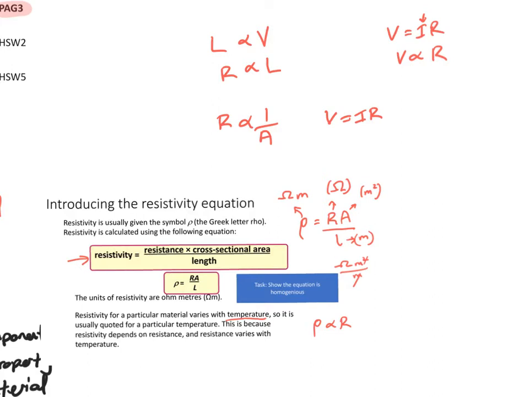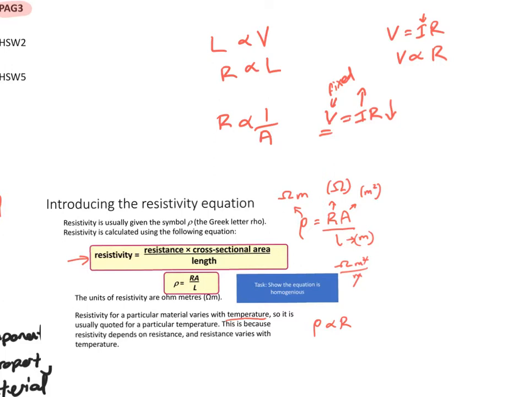For a given potential difference, for a fixed PD, if I double the area, then the current will increase, which means the resistance will drop by half. So resistance is inversely proportional to cross-sectional area.